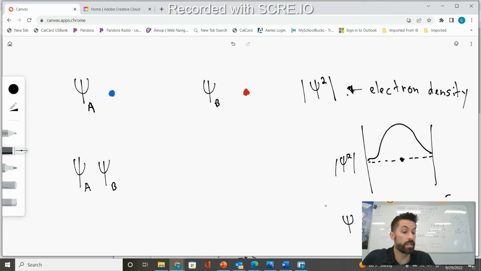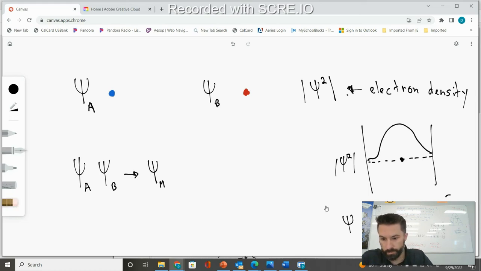You're going to get one where it's positive and negative and negative. Okay? And psi A and psi B combined is going to get us, let's just call this the new psi, and it's for our molecule, so let's call it psi m, because this is our molecule wave function. Okay? So it can be combined, and then we square it.